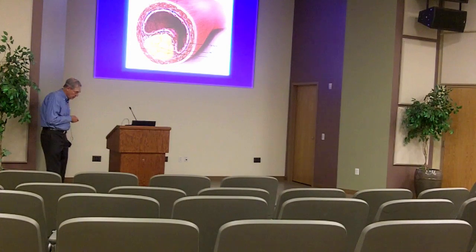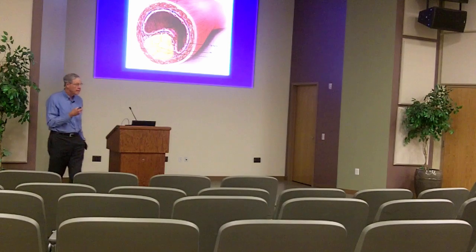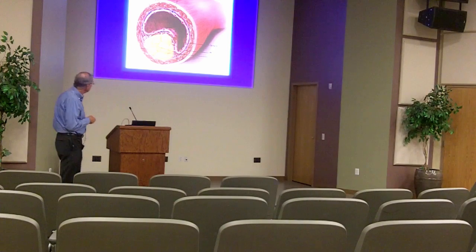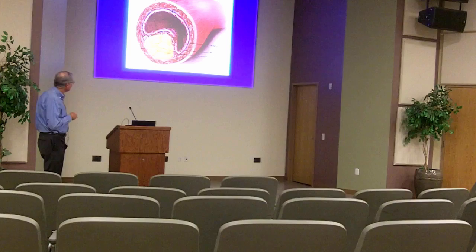So the first thing I wanted to talk about was how heart attacks happen. And if you look at most of the heart attacks, there is usually some plaque, or cholesterol plaque.